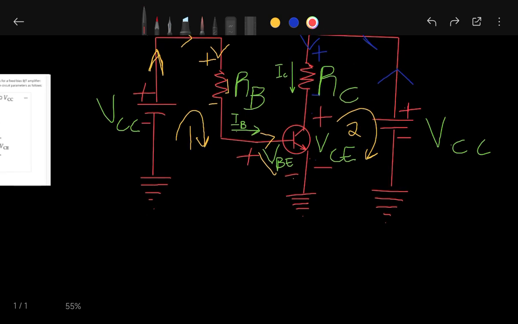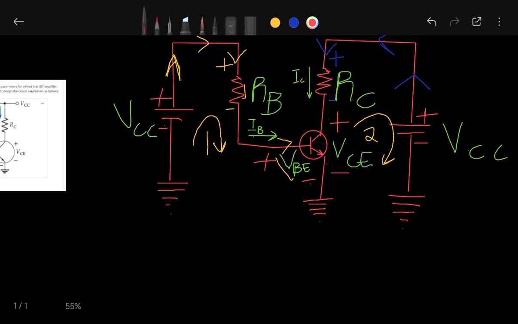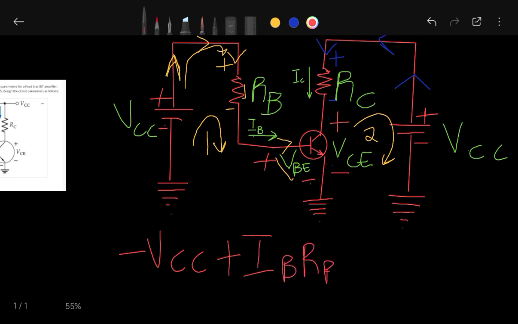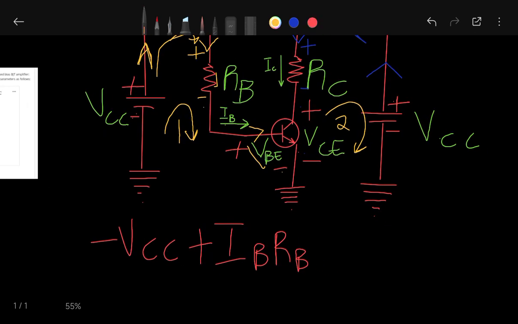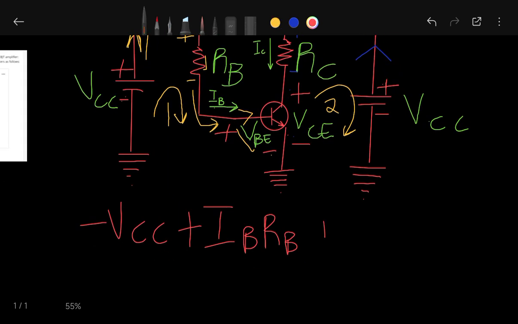Since I'm going clockwise, the first sign that I see here is negative, so negative VCC, and then as I go, I see positive IB RB, and then positive VBE, and this equals 0.